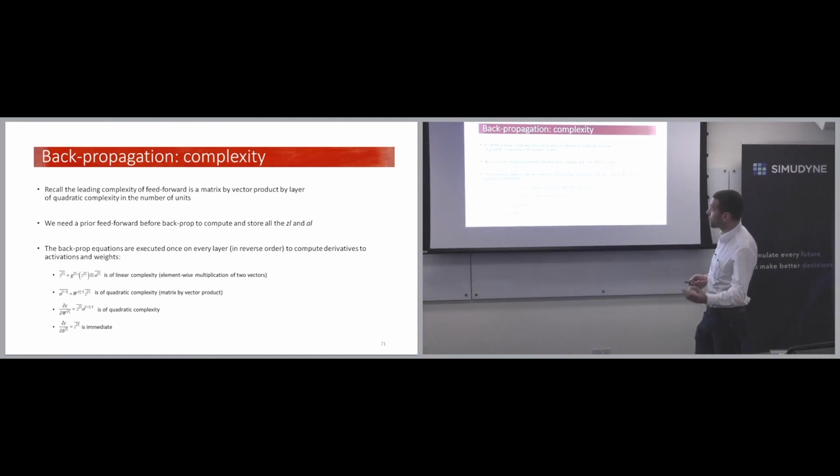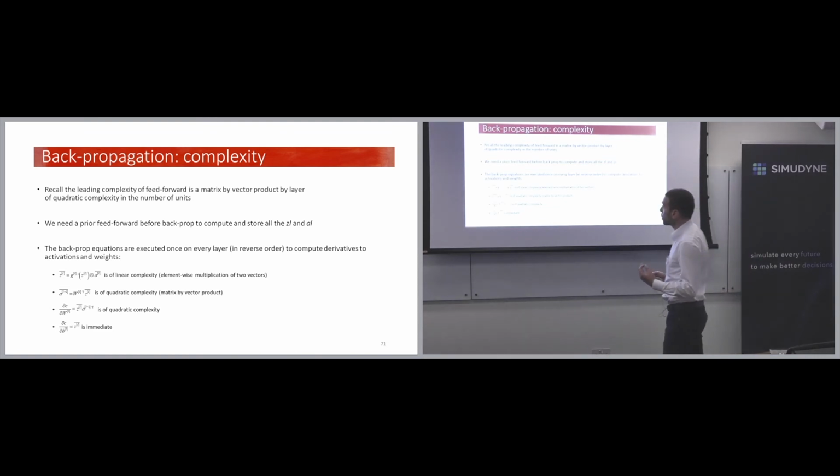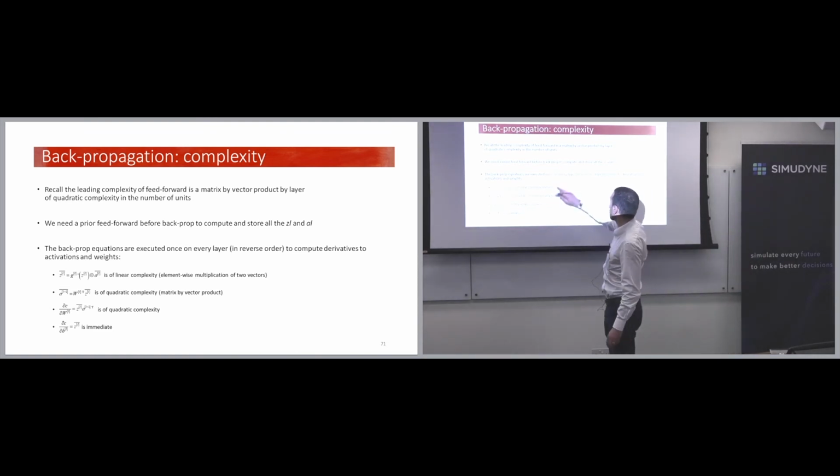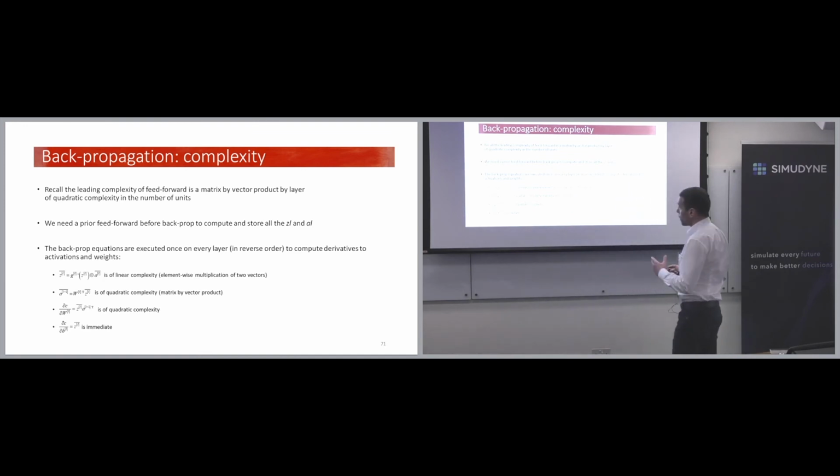So it's of quadratic complexity in the number of units, linear complexity in the number of layers. And in order to run backpropagation, we need a prior feed-forward before we do a backprop. Right? Then we have the backprop equations themselves. They are executed exactly once on every layer, but in the reverse order, to compute derivatives to activations and weights.